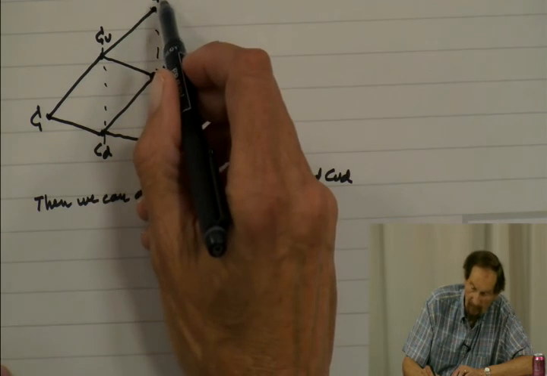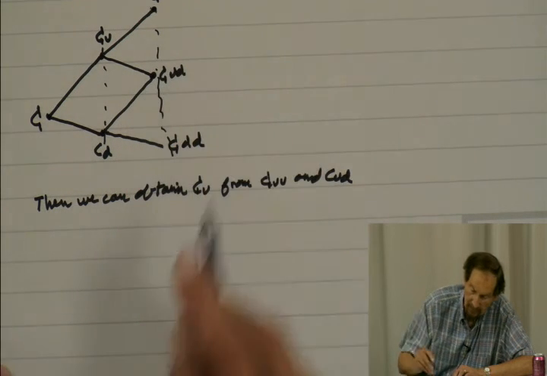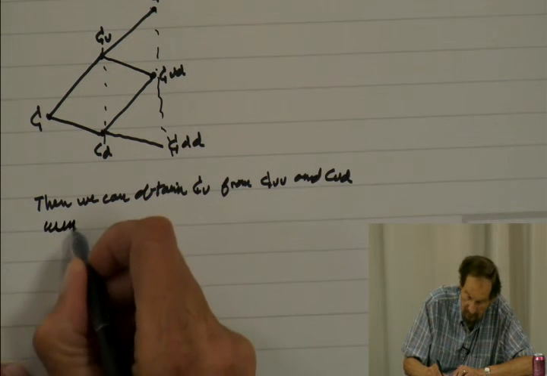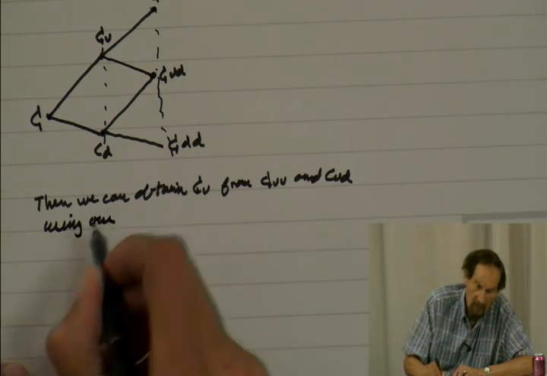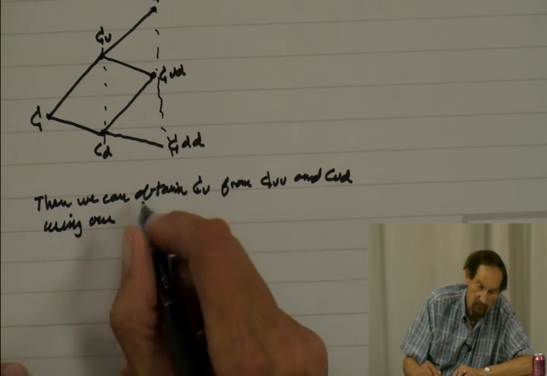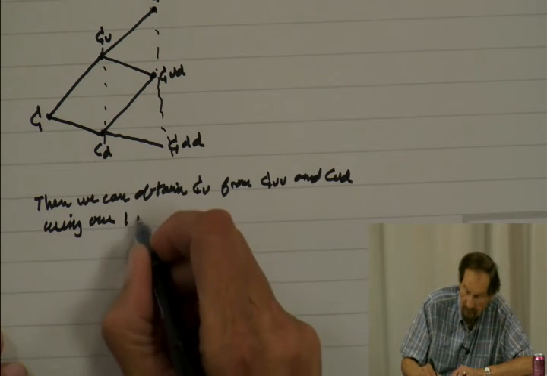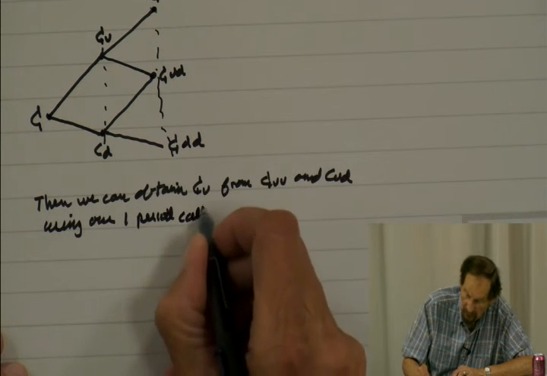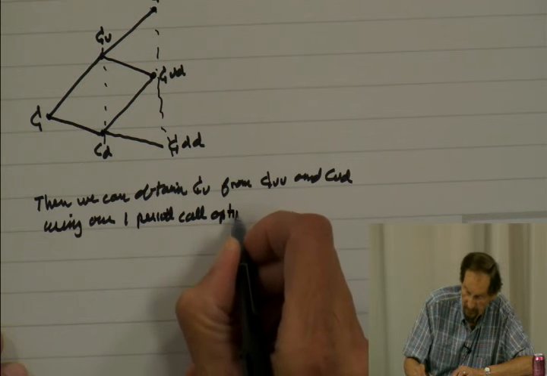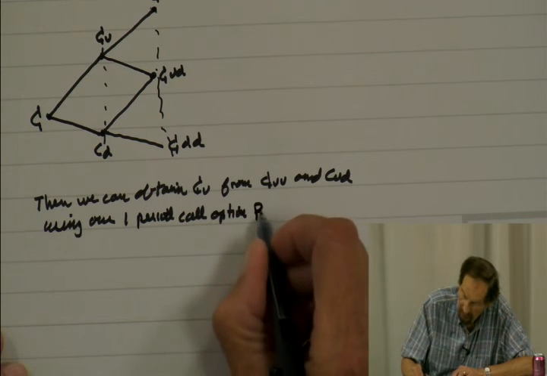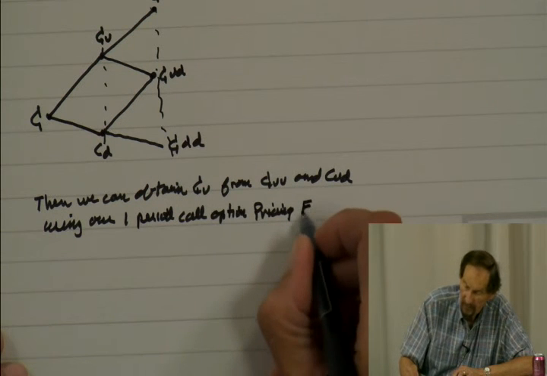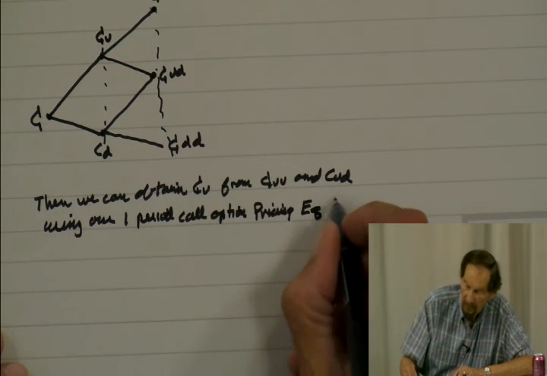We have up again and up down using our one period call option pricing formula, equation 12.8.